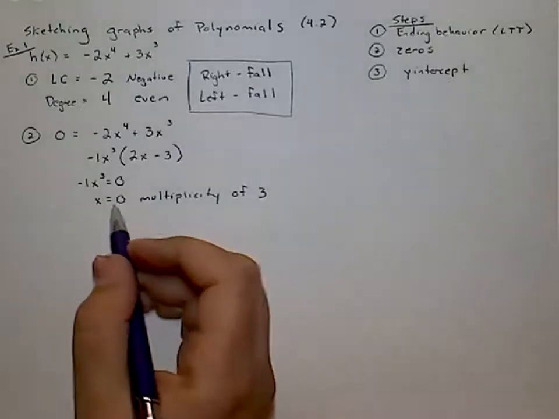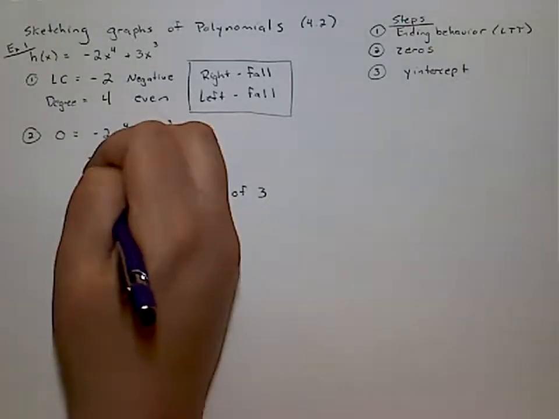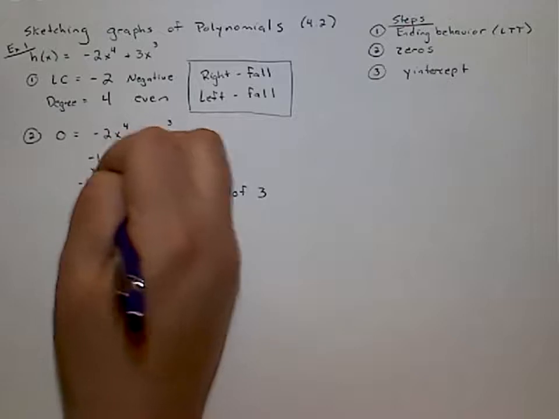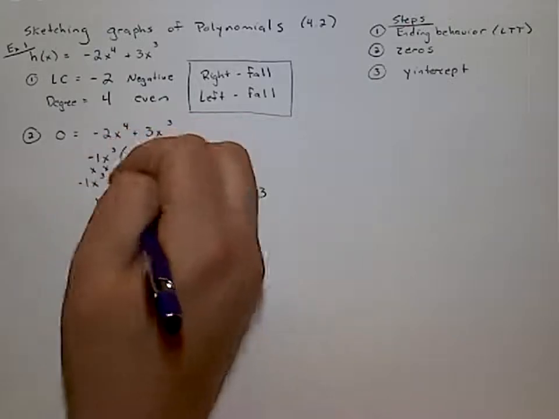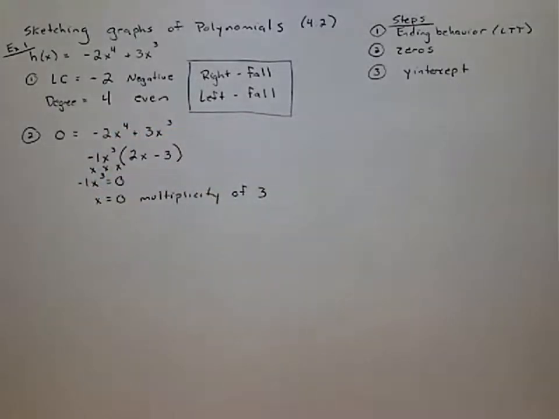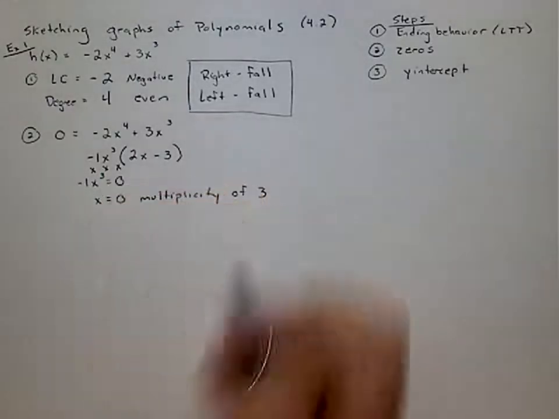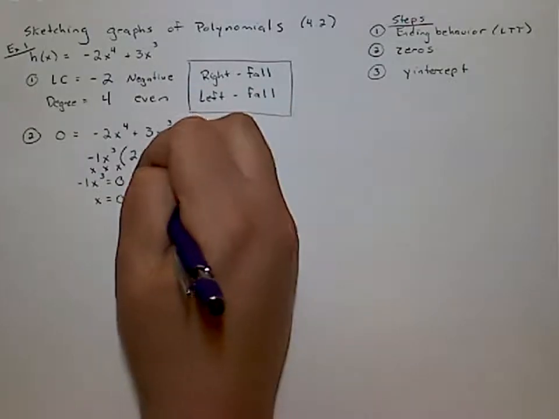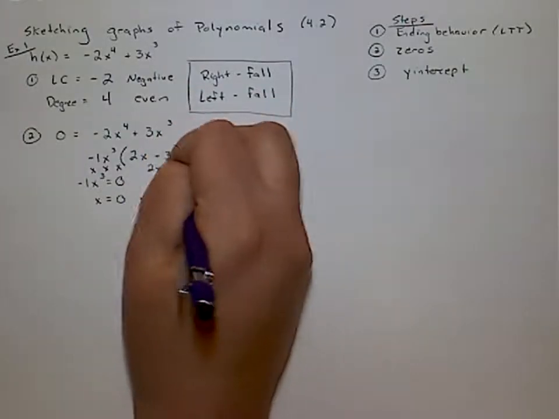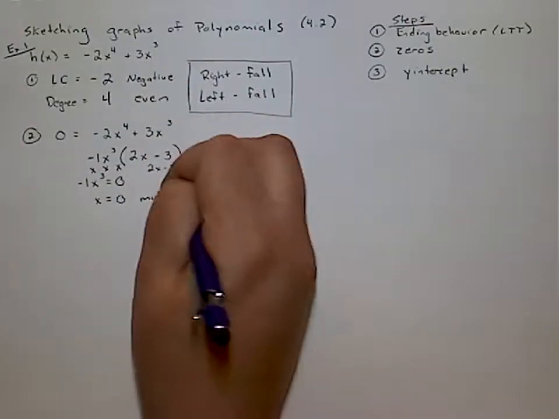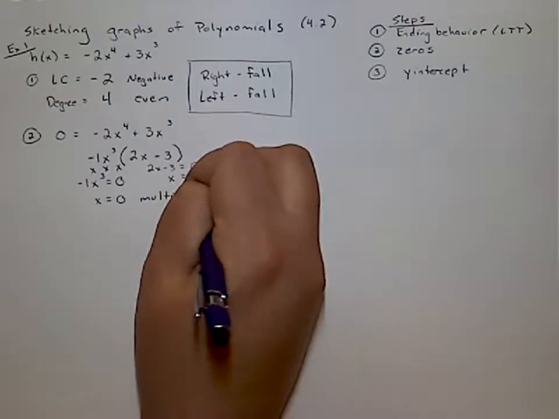That counts for 3 of the zeros because x to the third is really x times x times x. I could have written it as x times x times x, but 0 has a multiplicity of 3. That is one of our zeros. And 2x minus 3, if I set that equal to 0, x would equal 3 halves.